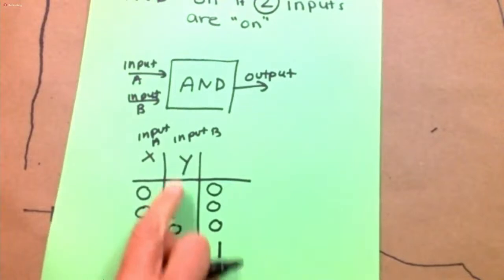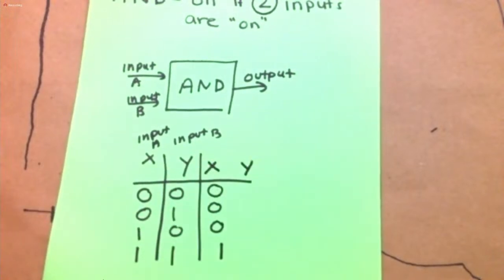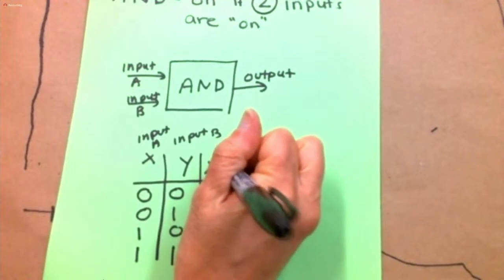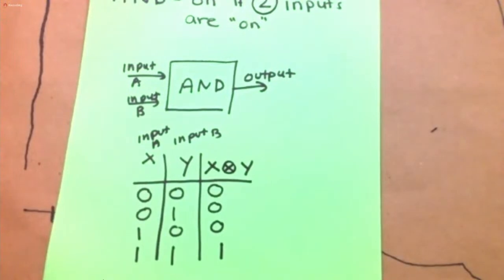Now, to represent the AND, I have to include both of my inputs, and then this is with a little x, usually in a circle to distinguish it from the x variable. So that's what the AND truth table looks like. Any questions about that before I move on to the OR?